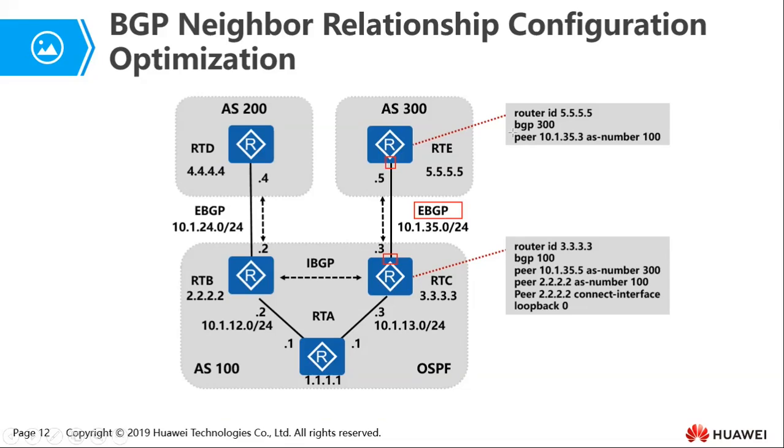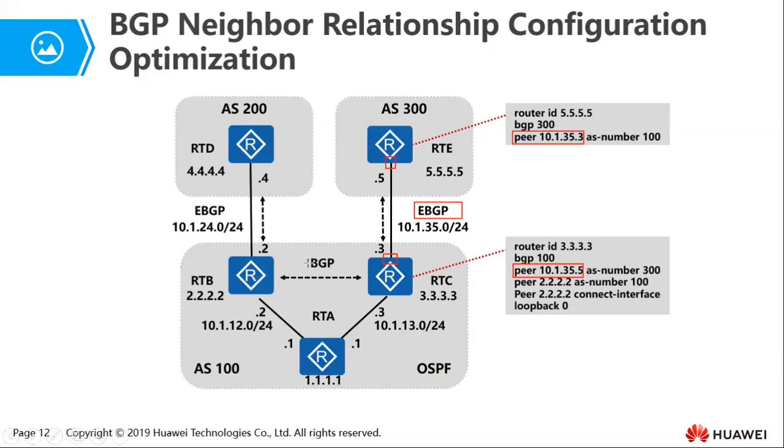So you can actually confirm that through this. You can see that we're using the physical interface .3 there. On this side, on RTC, we're also using the physical interface .5, this one. So you use physical interfaces when you are establishing EBGP neighbor relationships.